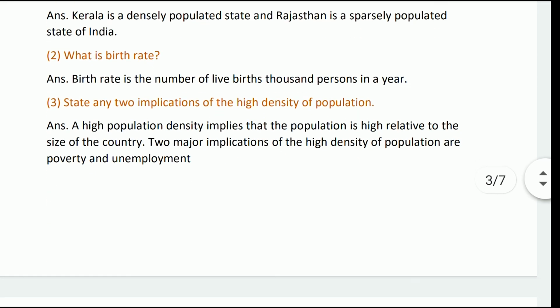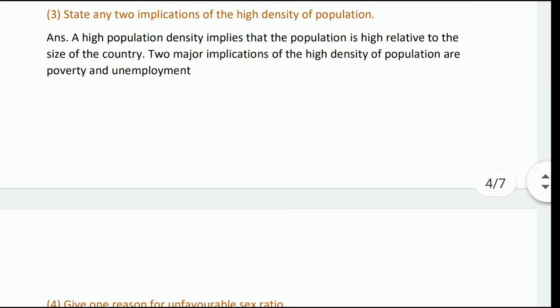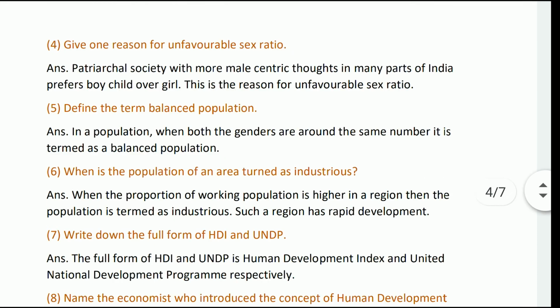The birth rate is the number of live births per 1,000 persons in a year. State any two implications of high dense population. A high population density implies that the population is high relative to the size of the country. Two major implications of the high density of population are poverty and unemployment.